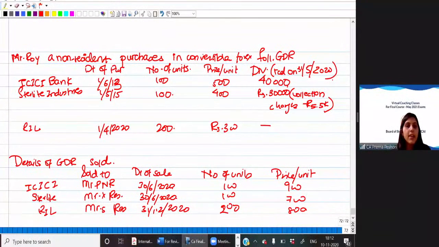For ICICI, what will be the amount and what will be the tax rate? Yes, Ambika, right. What about Sterlite and Reliance, Ambika?